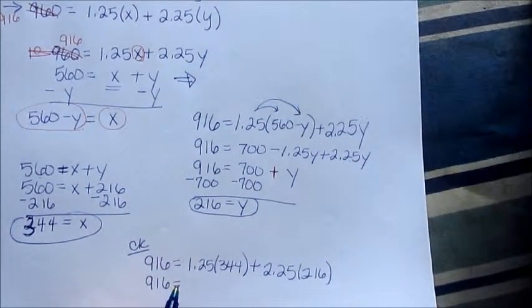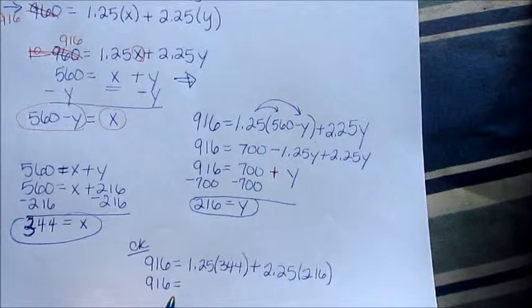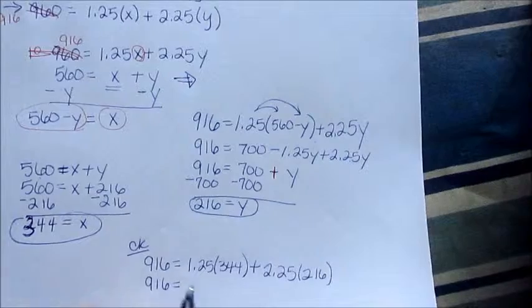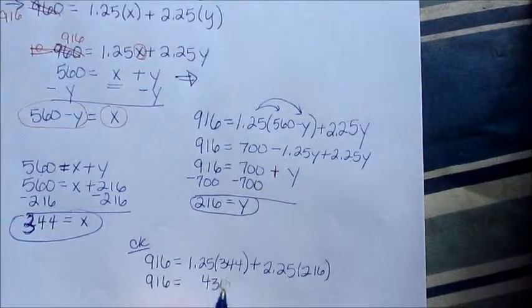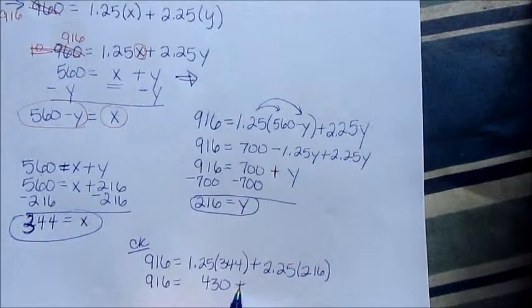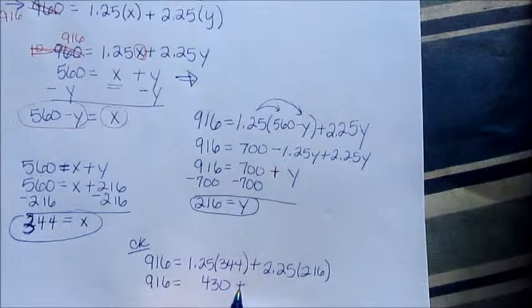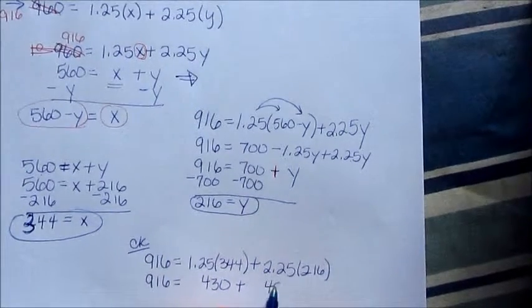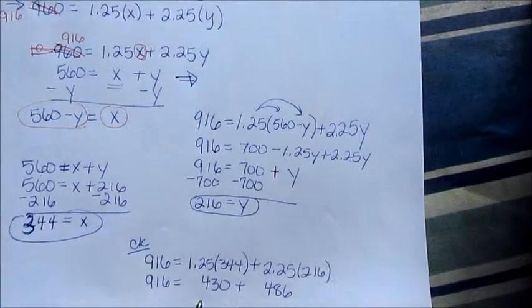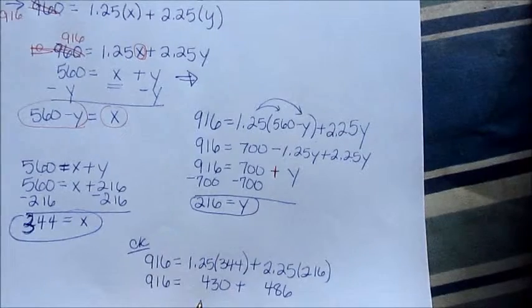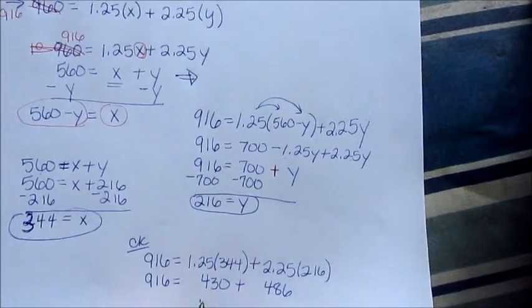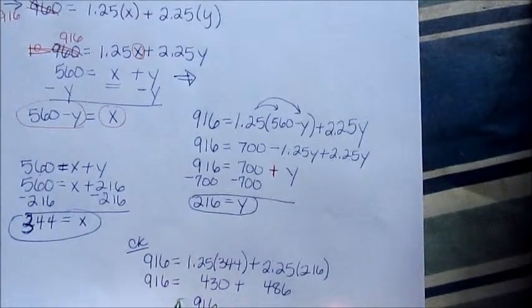This is definitely where you'll need the calculator. This comes up to be $430. And this one comes up to be $486. So 430 plus 486 is 916. Excellent.